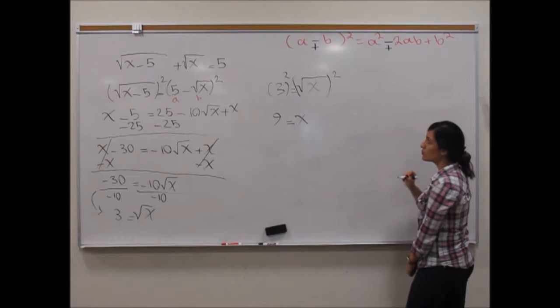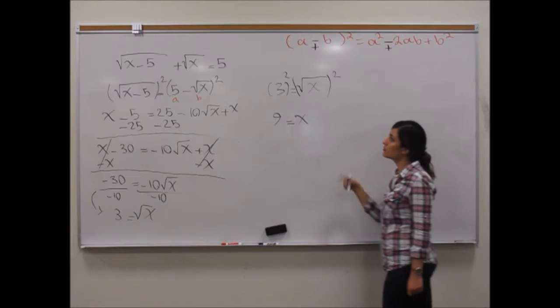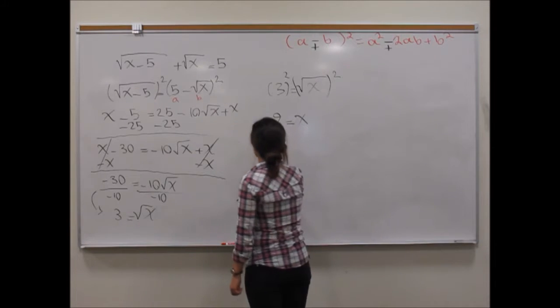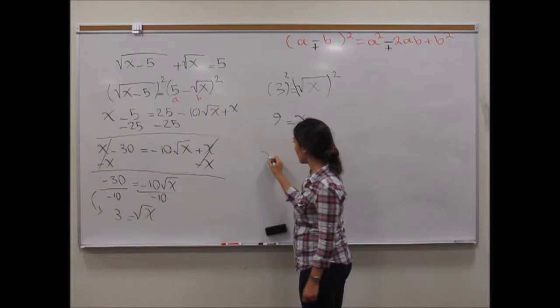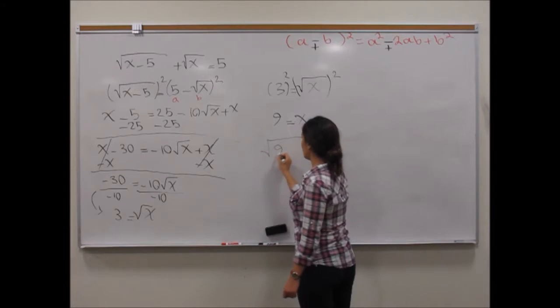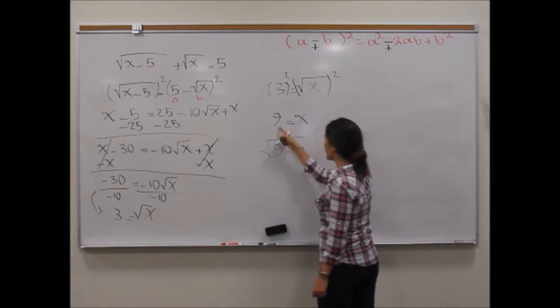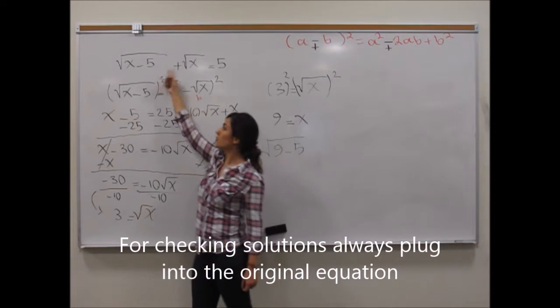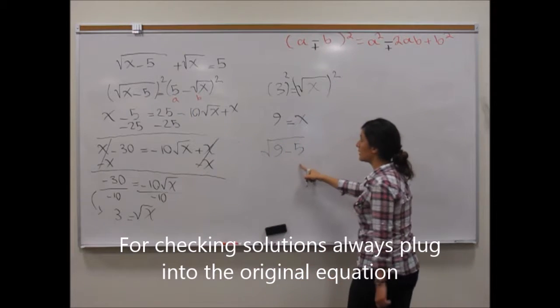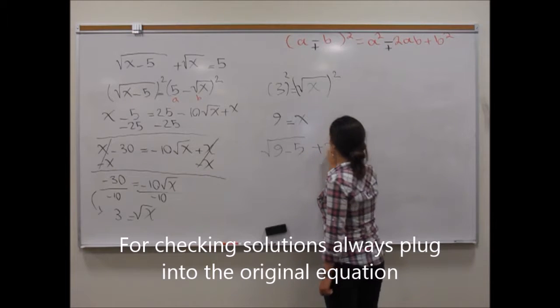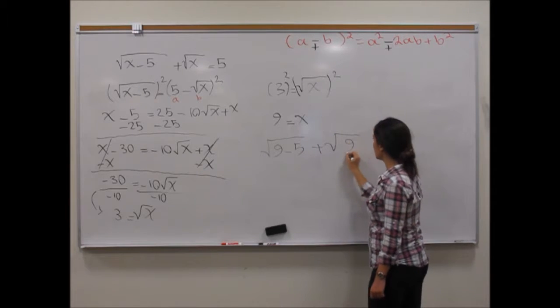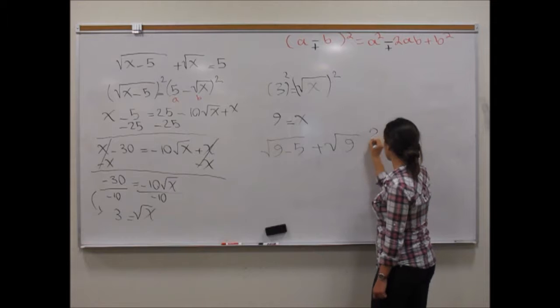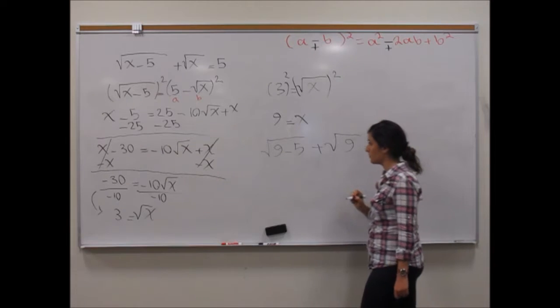So this is our solution, but let's check to see if that's right. In the original equation, I would have rad 9 minus 5. I'm plugging in this 9 to this equation here. So rad 9 minus 5 plus rad 9. Let's see if that is equal to 5 or not.